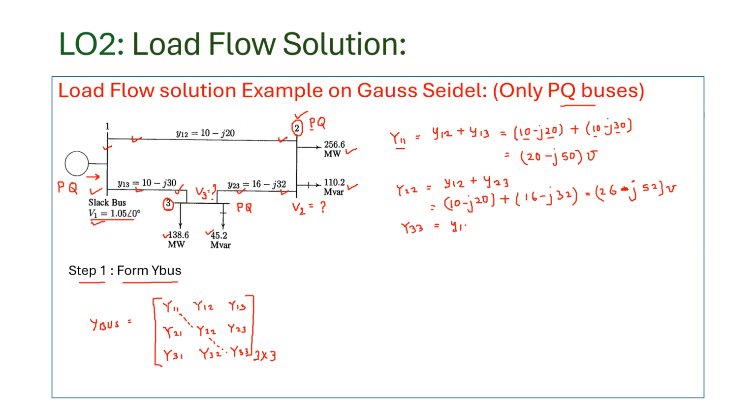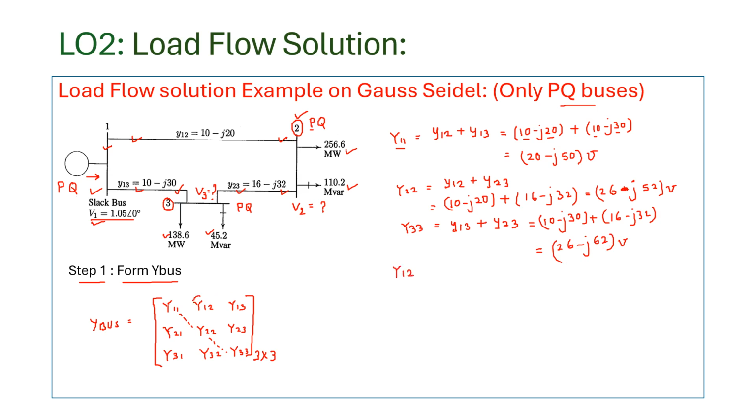That is Y13 plus Y23, which is 10 minus J30 plus 16 minus J32, which is equal to 26 minus J62 mho. Now let us calculate the off-diagonal elements.